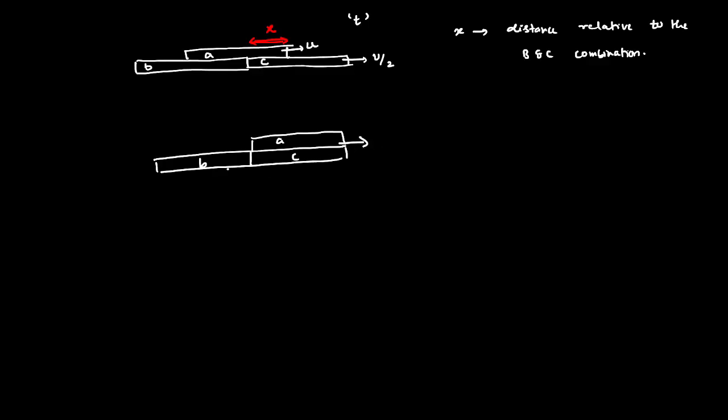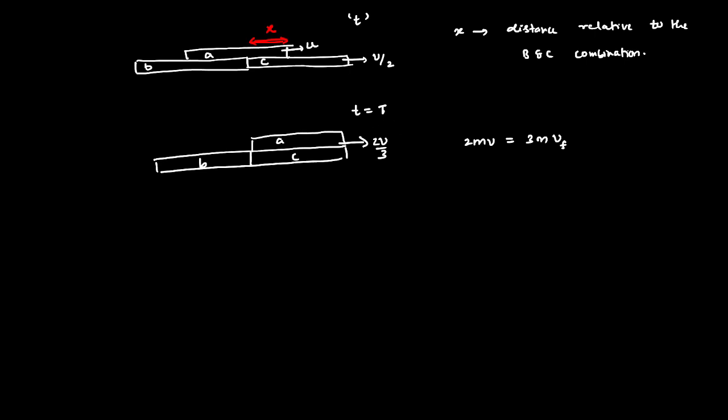Since there is no relative motion between A and C, the entire system will be moving with 2v by 3 because of conservation of momentum: 2mv equals 3m times the final speed. So the final speed would be 2v by 3. Let's say this configuration is achieved at t equals capital T, when A just stops moving relative to C.